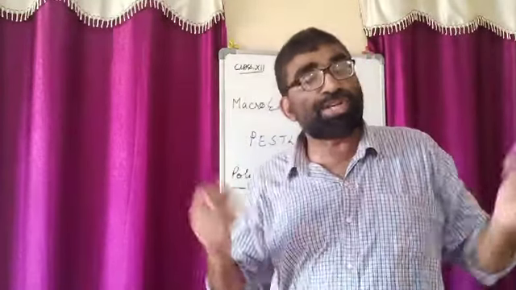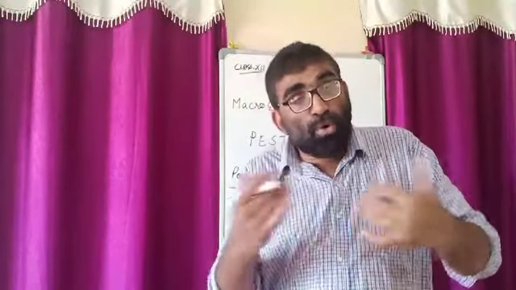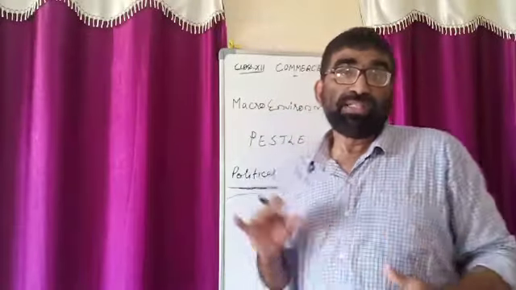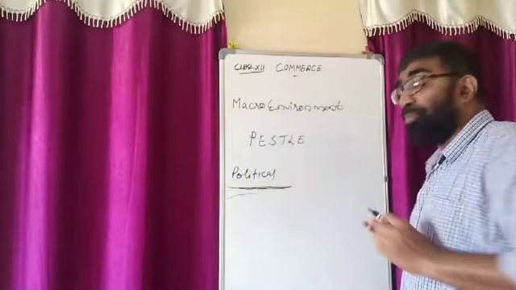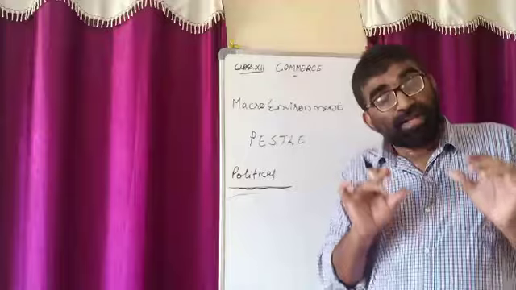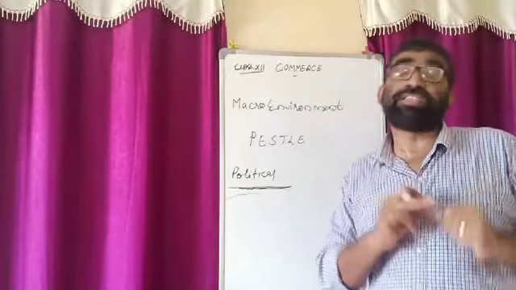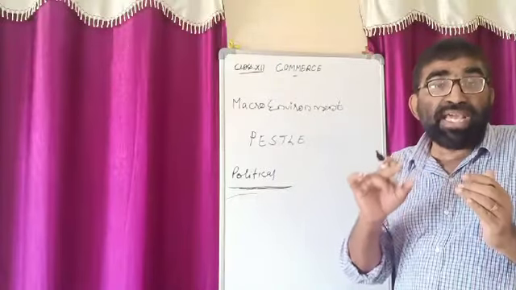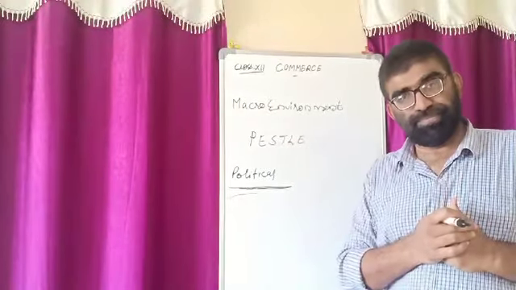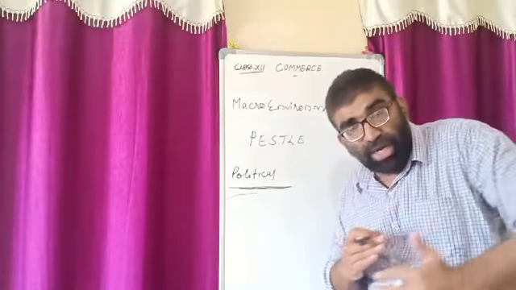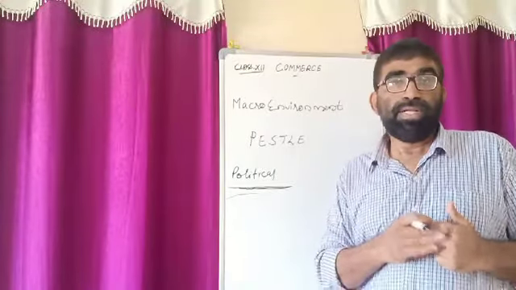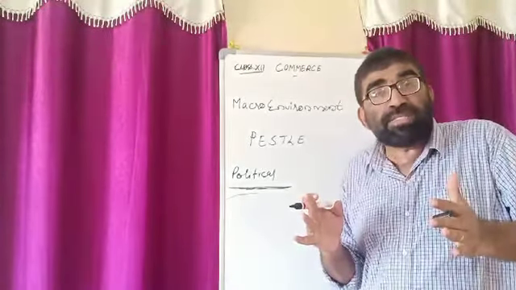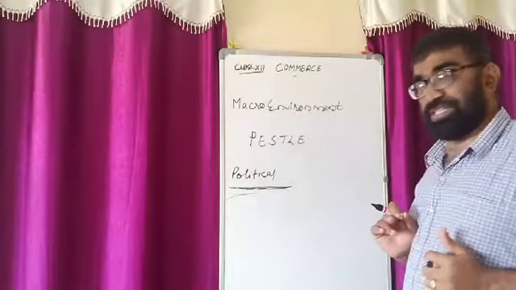The various components of political environment. The constitutional framework, the Constitution of India's framework, that's the first component. The next, political system. Political system includes nature and ideology. Suppose we have a democratic system. Then party systems and power structures.